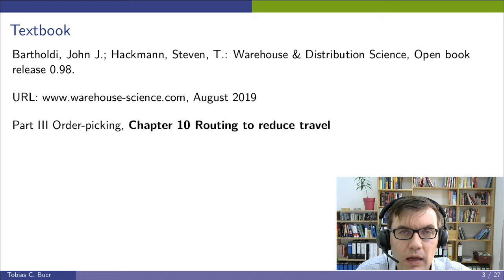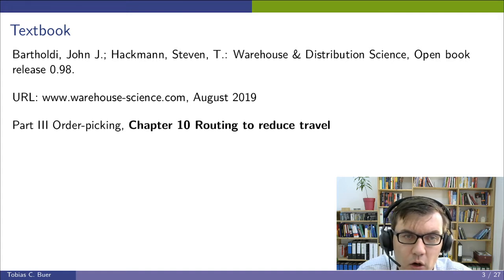Similar to most of the other sessions in the course on warehouse and inventory management, these contents are based on the textbook by Bartholdi and Hackman, Warehouse and Distribution Science.